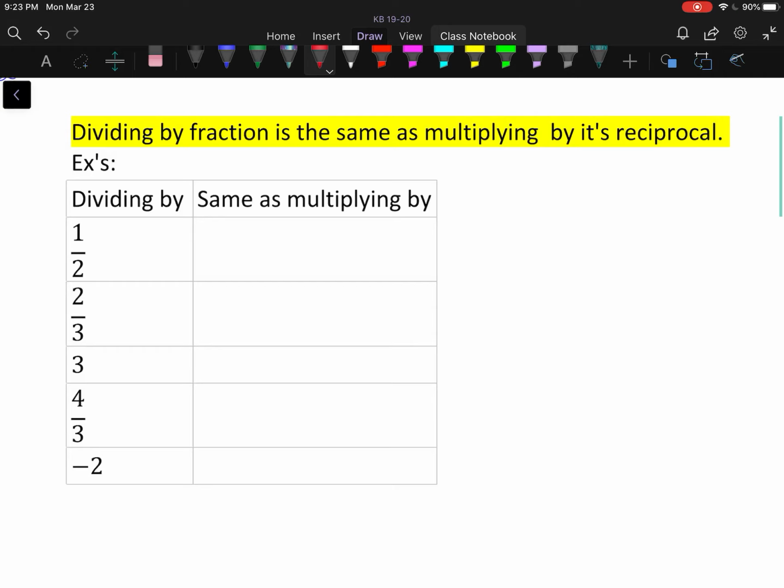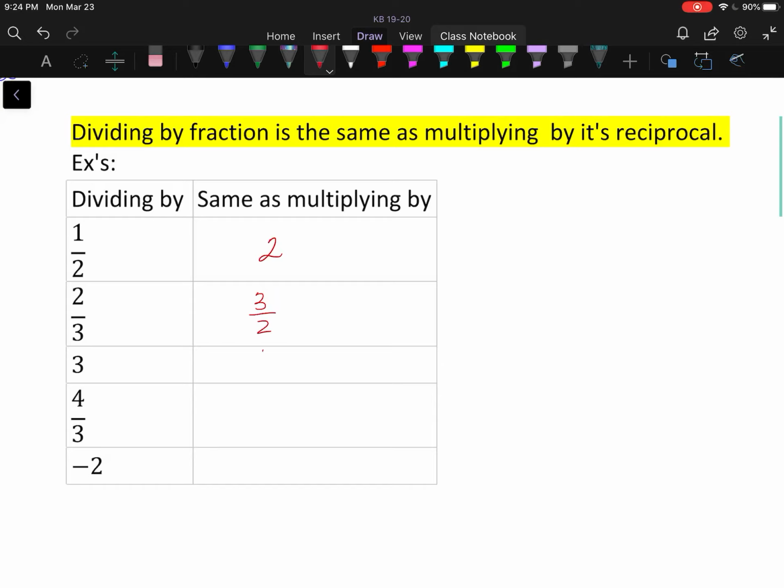So dividing by a fraction is the same thing as multiplying by its reciprocal. So dividing by a half is the same thing as multiplying by 2. Multiplying or dividing by 2/3 is the same thing as multiplying by 3/2.